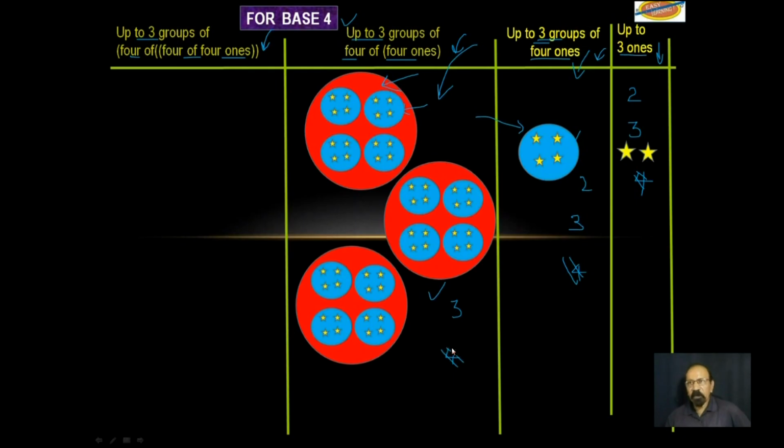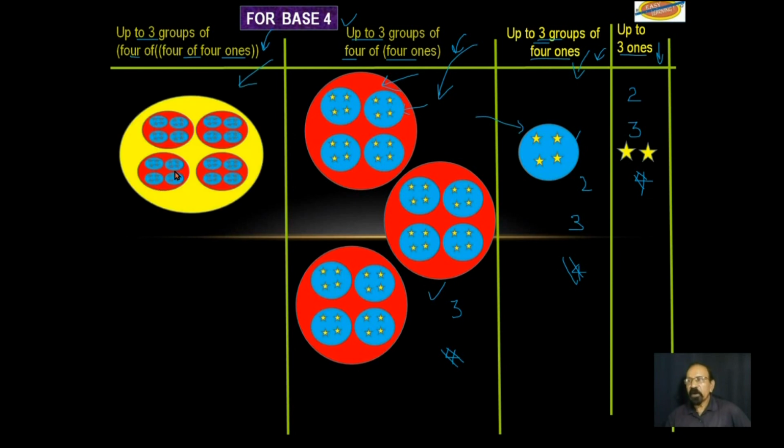If that happens, you have to take all 4 of those and create a new group and bring it over on this side. So now you have 1 yellow group with 4 red groups in it, and each red group has 4 blue groups, and each blue group has 4 stars.